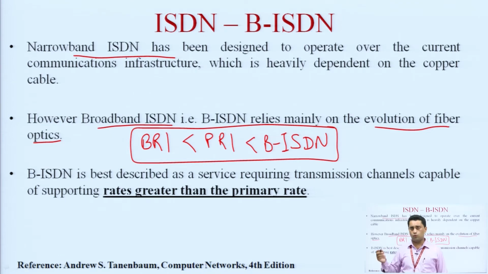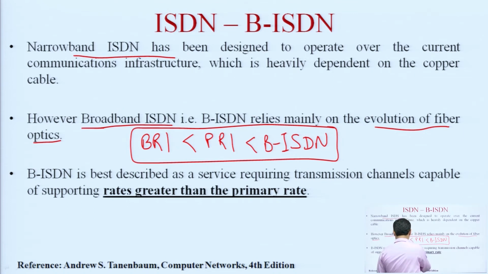The previous two rates were examples of narrowband, and when we are using the broadband interface, in broadband ISDN we are sending the data over longer distances and with better bandwidth. So, here we have much more capability than the BRI and PRI.